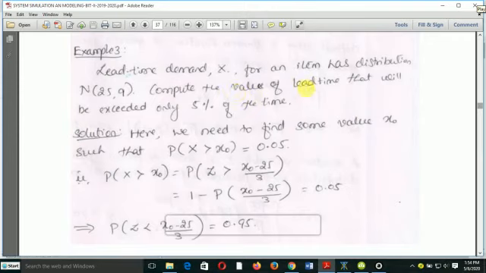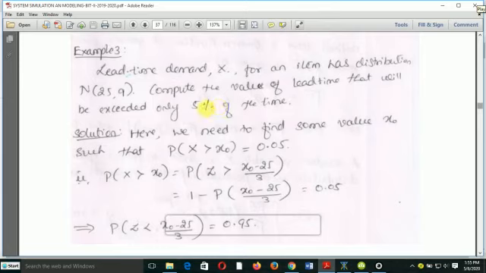Compute the value of lead time that will be exceeded only 5% of the time.